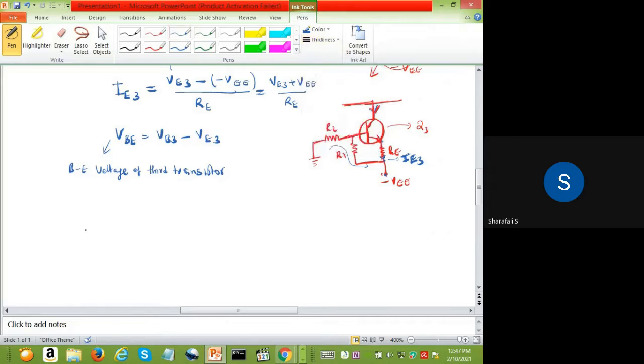Here we get R2, here you have the potential at the base VB, and R1 is connected to minus VEE.